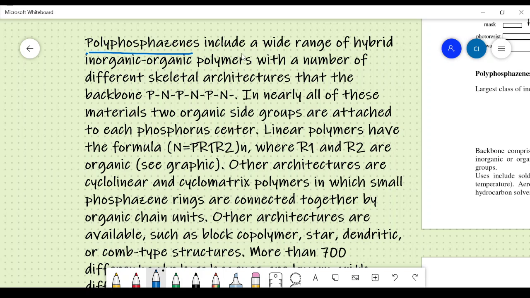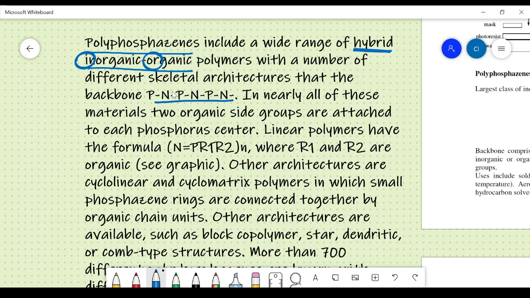They include a wide range of hybrid inorganic-organic polymers. This inorganic as well as organic is what makes it a hybrid one, with a number of different skeletal architectures. The backbone, as we have seen, has PN, PN, PN going like this.